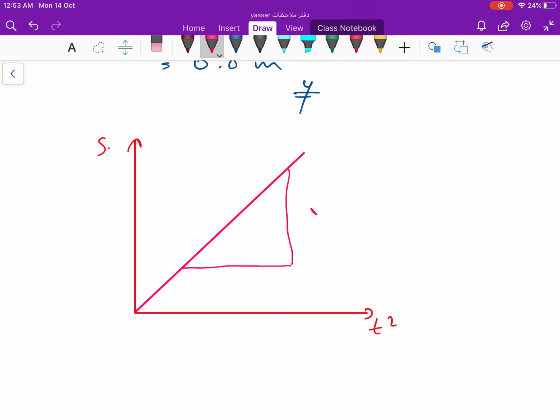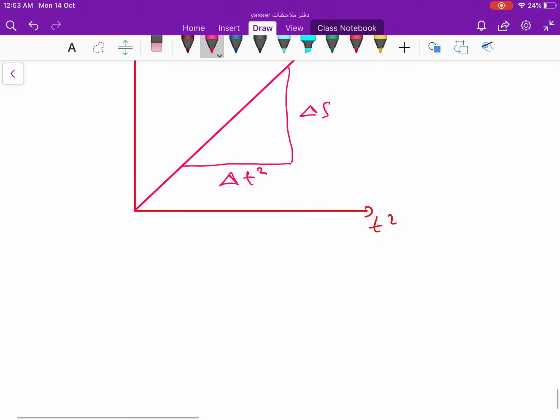Rise over run: here we will have the change in displacement, and here the change in time squared. Since the object starts motion from rest, we use the equation s equals ut plus half at squared, because that is the link between displacement and the square of time. The initial velocity is 0, so 0 times t gives us 0.